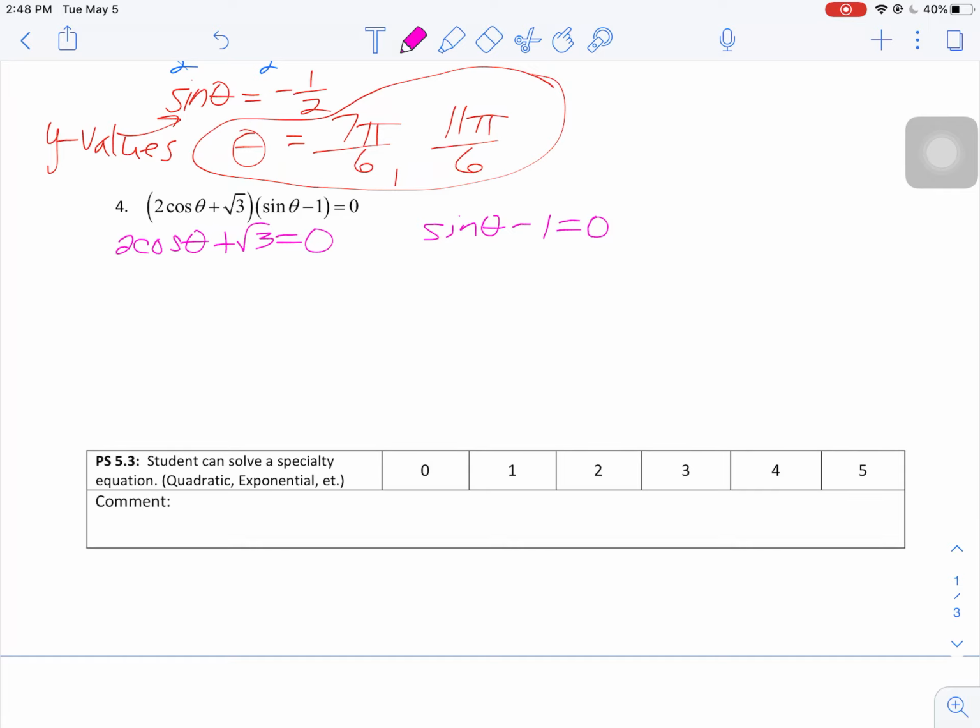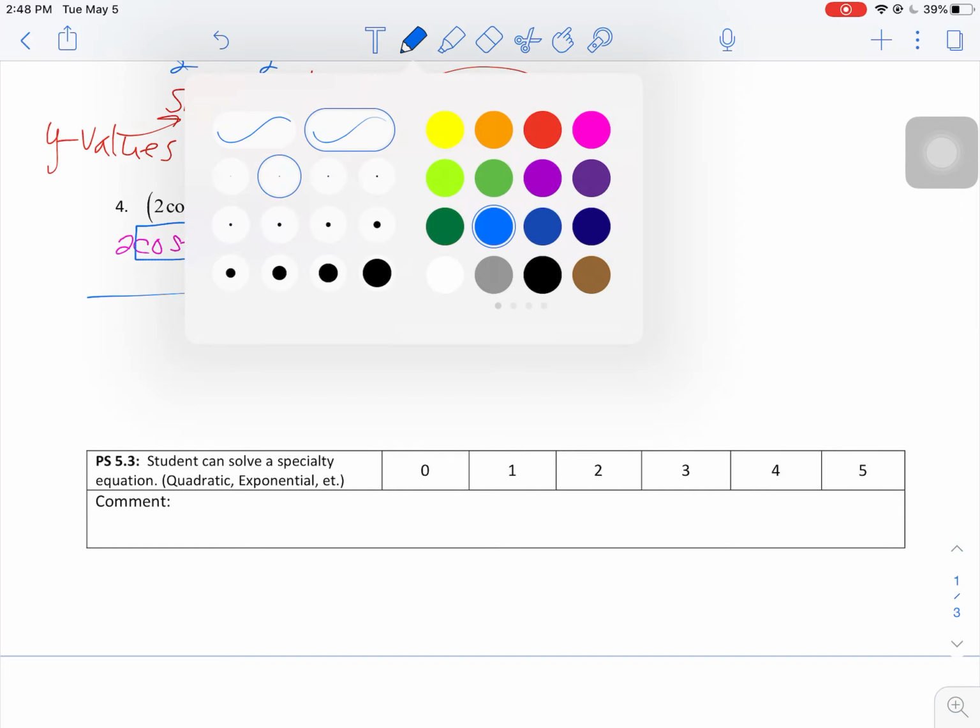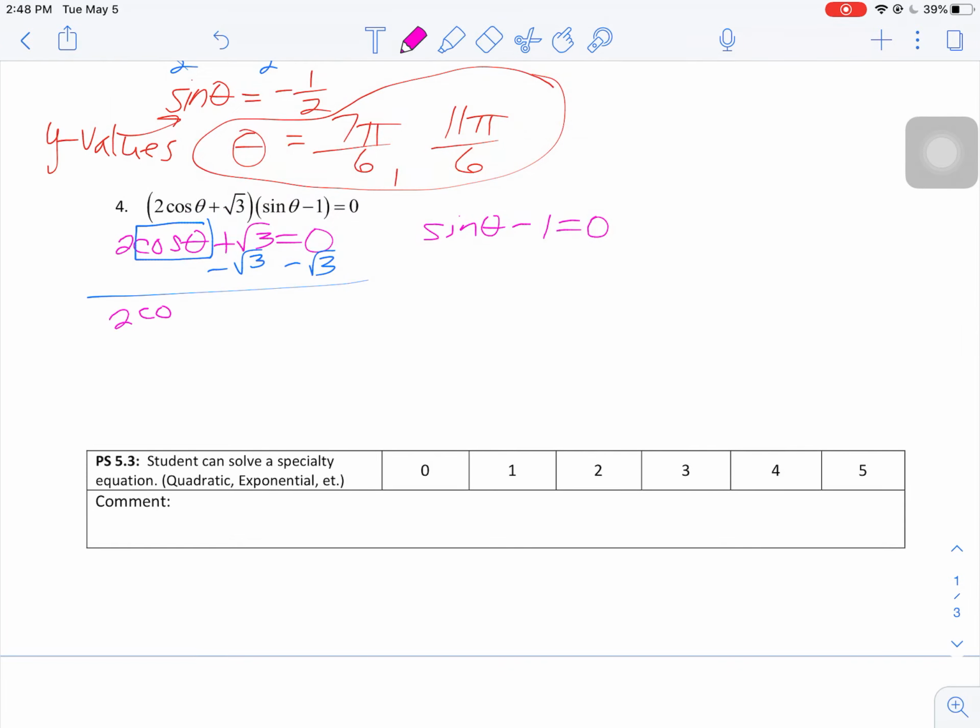And then we solve like normal. So on the equation on the left, I want to isolate the cosine theta by doing order of operations backwards. So I have to subtract root 3 from both sides of the equation. And then in order to undo multiplication, I'm doing division to get cosine theta equals negative root 3 over 2.